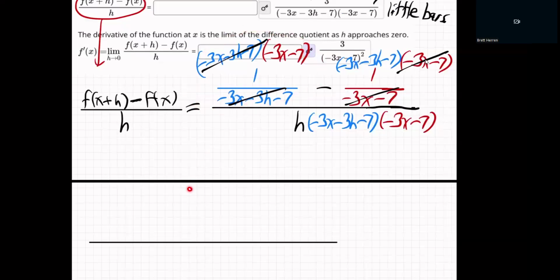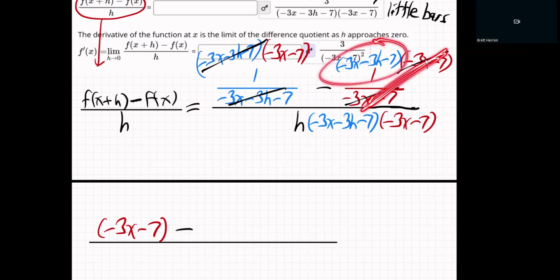What's left over? Well, we've got the red minus 3x minus 7, minus, what do we have right here? These are crossed off, so what's left is this.